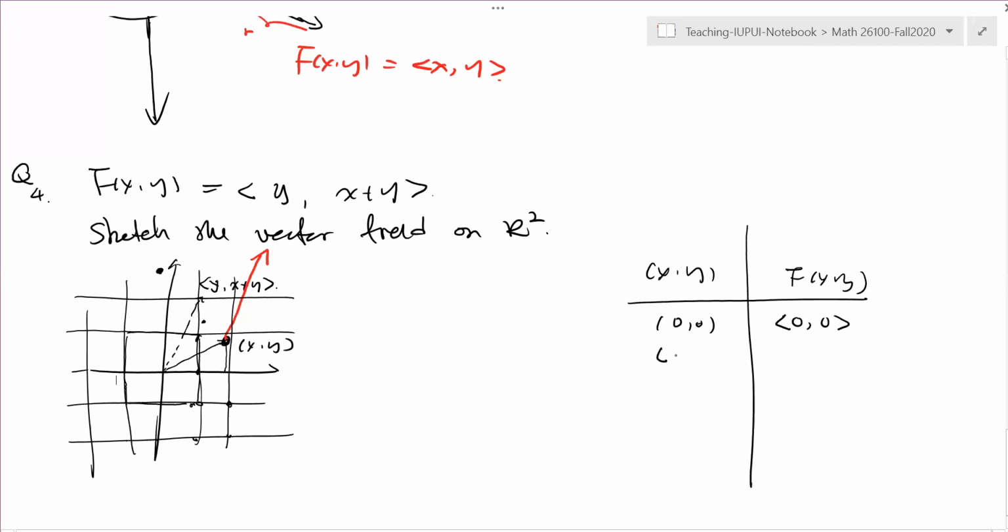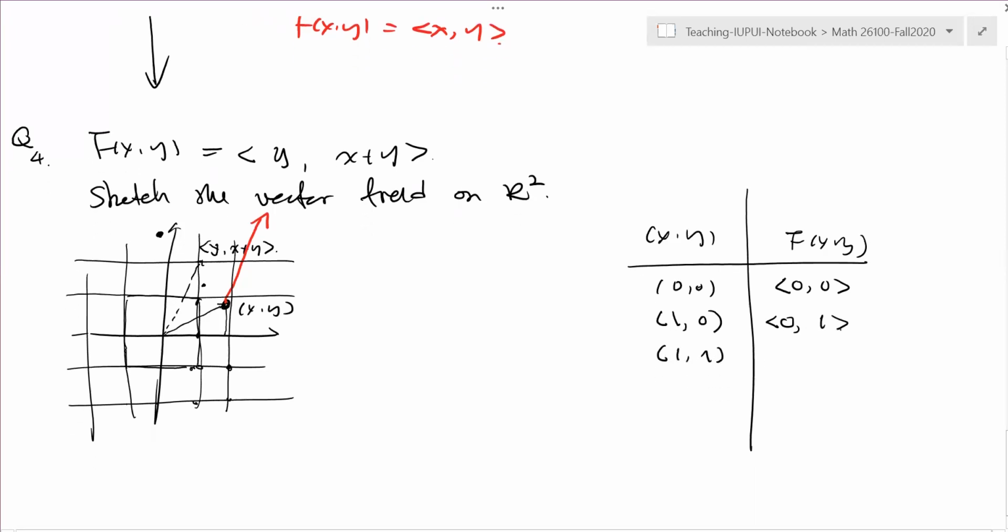My first one will be when x equals 1, y equals 0, at that particular point. Then we go up. We get the vectors on the square first.